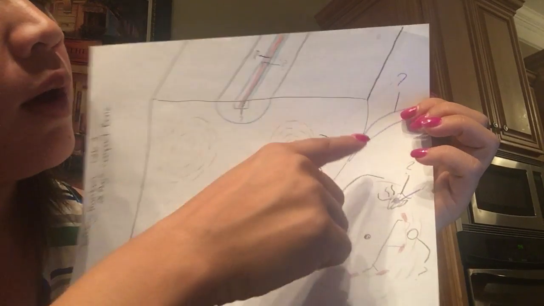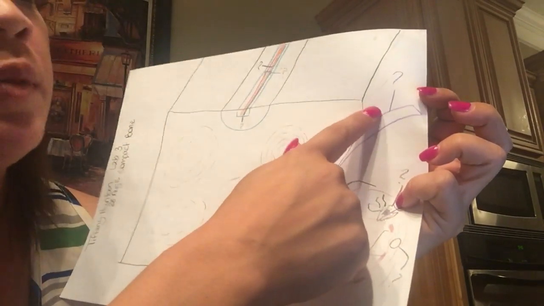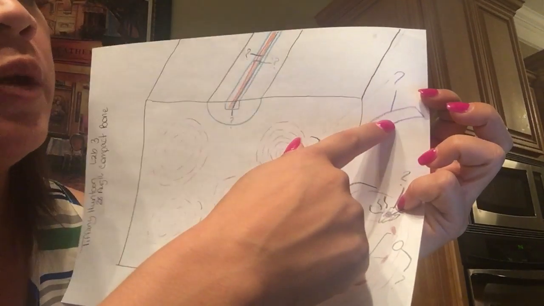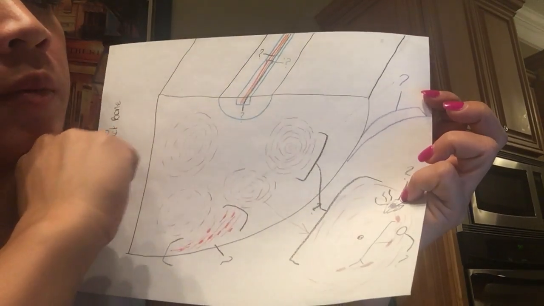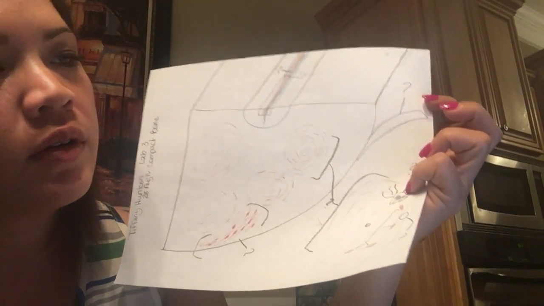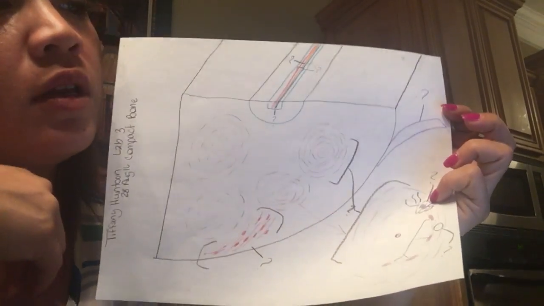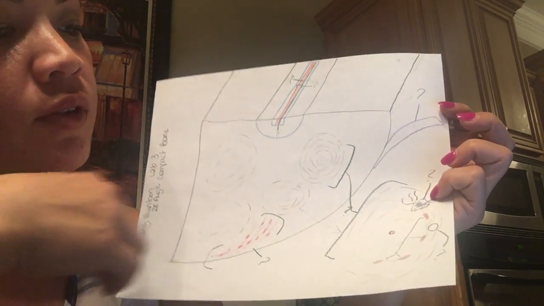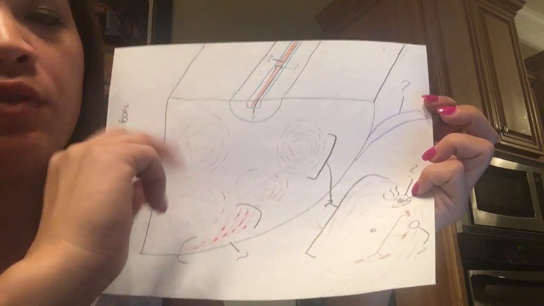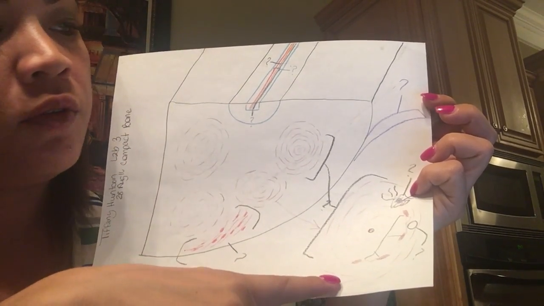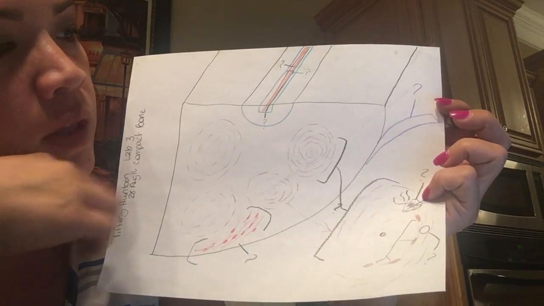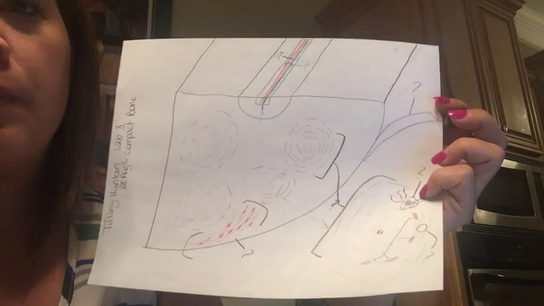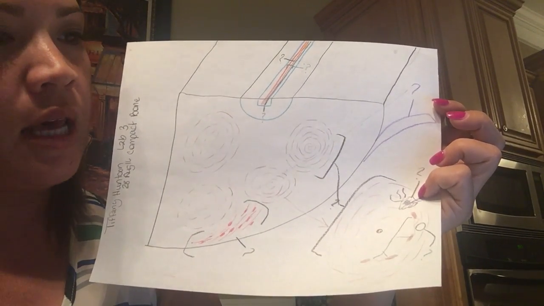Up here, this peeled back portion is to show the periosteum. Let's see, what else do I have? Canaliculi, central canal, circumferential lamellae, nerve, osteocyte. I think that's everything. Again, this is a magnified osteon over here, and this whole thing would be your compact bone. So that's that.